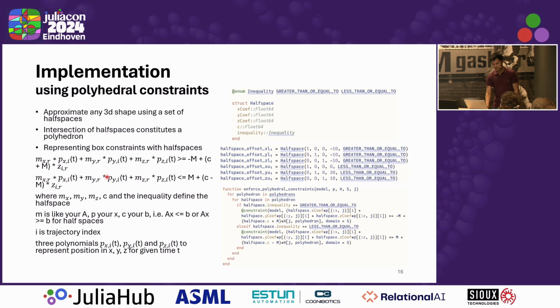Another way to show that as a set of equations is here, and this also shows the use of the big M notation. The only thing that changes here, if you're using half spaces instead of box constraints, is that to represent this you define the data structure half space.